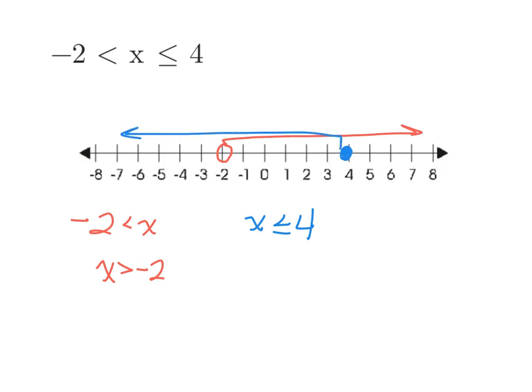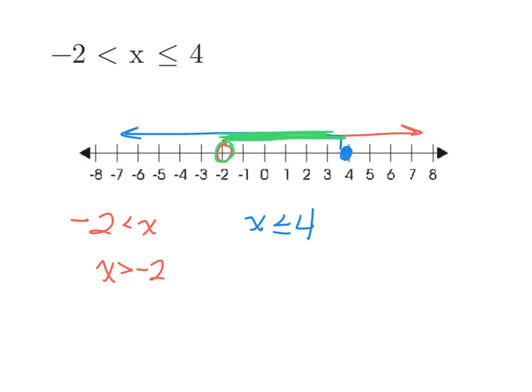Now, since this is an intersection, we want to know about all those numbers that are true for both inequalities at the same time. Those ones that are bigger than the -2 and also less than the 4. That's going to be only these ones that are in between.